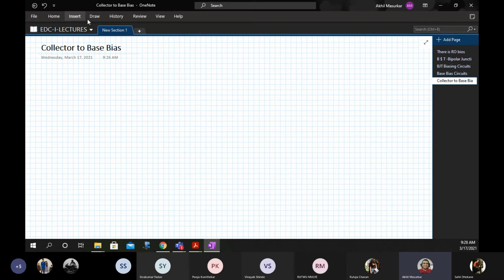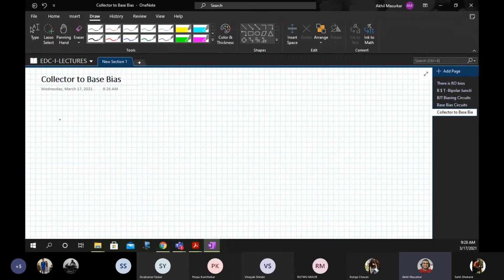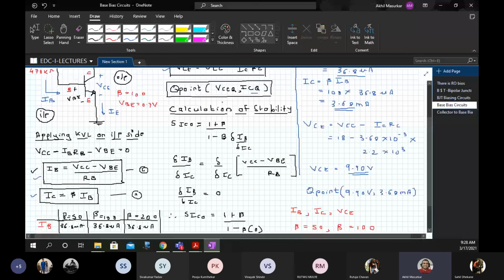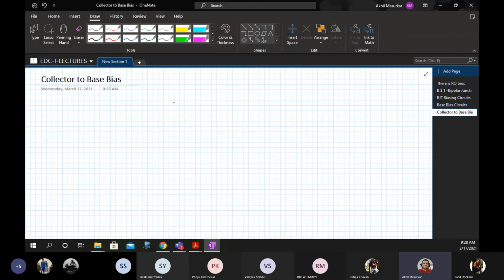Okay. Now, collector to base bias. So what is the difference in collector to base bias? In collector to base bias, what they said is remove this point and connect it to the collector. So that is called collector to base bias. So I am drawing the circuit for this.